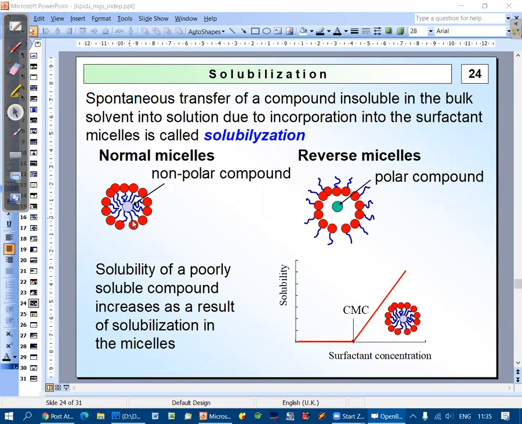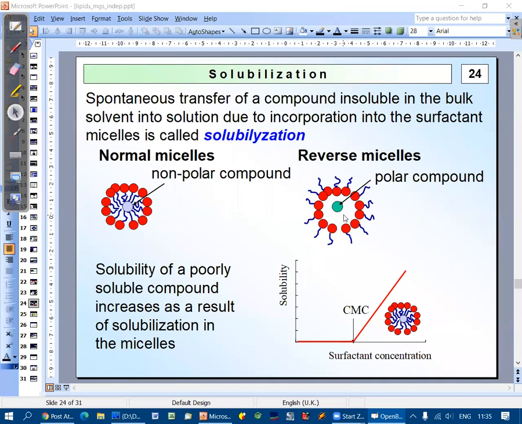I mean, normal micelle can absorb non-polar compounds, and this incorporation of these non-polar compounds in non-polar inner part of micelles is called solubilization. The reverse micelle will be able to absorb polar compounds inside their micelles.